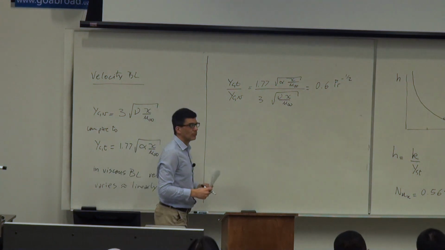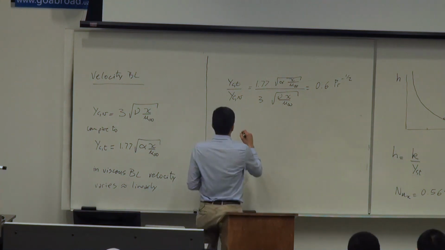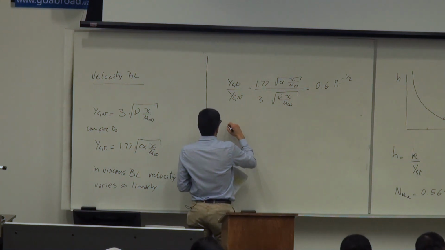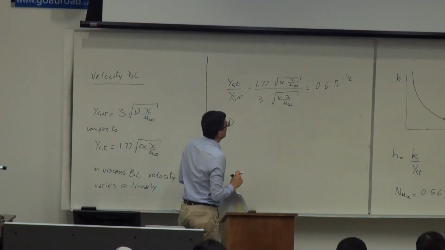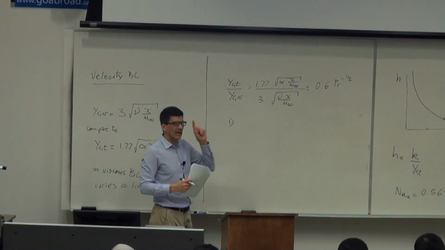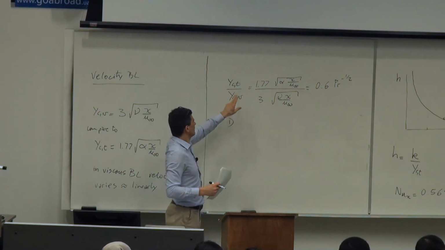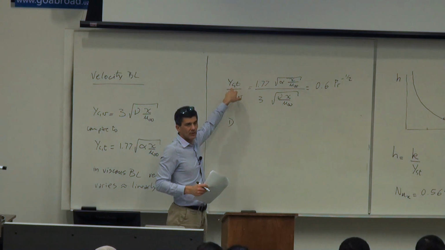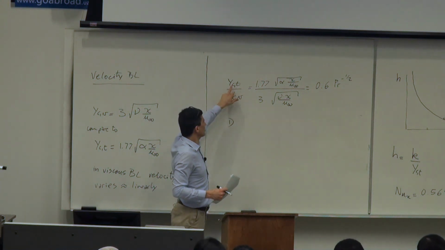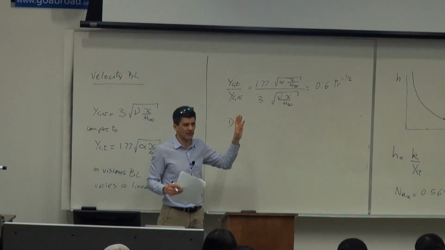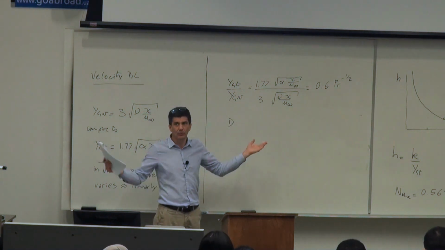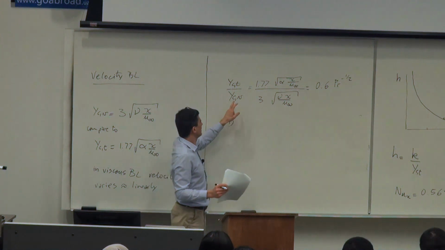So what do we learn here? We learned a number of things. One, we learn that if we say that the thermal boundary layer is much bigger than the viscous boundary layer, that was our initial hypothesis. I just said, let's assume this case. There are two extreme cases. Let's start with one.